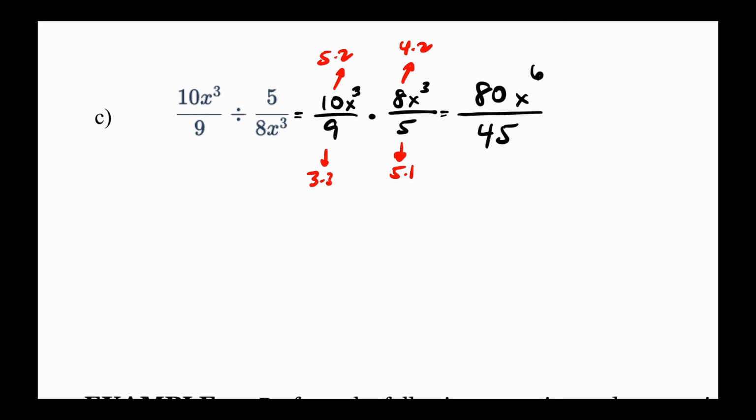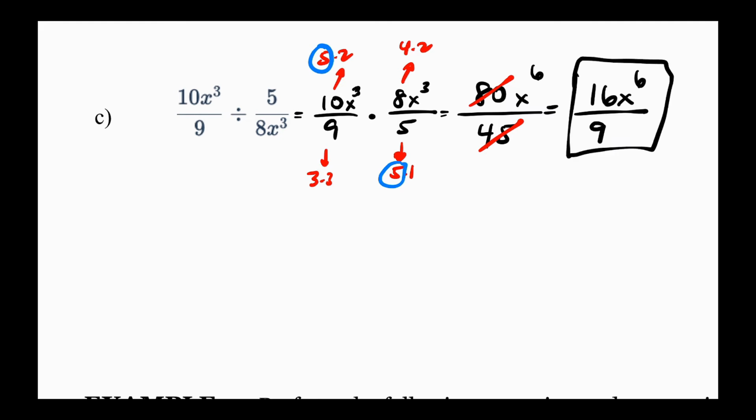I noticed that they share, what do they share? 5. That's it. That's all they share, right? So divide this by 5, divide that by 5. You get 16x to the 6 over 9. Okay?